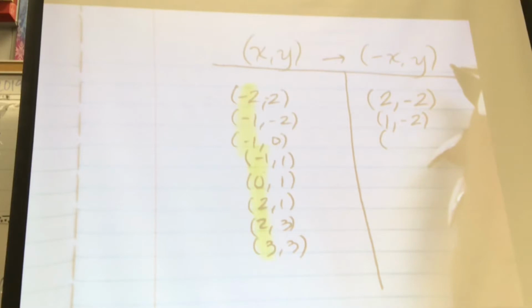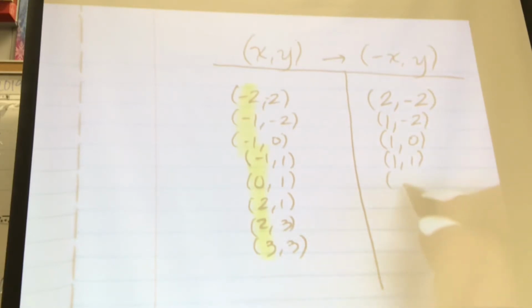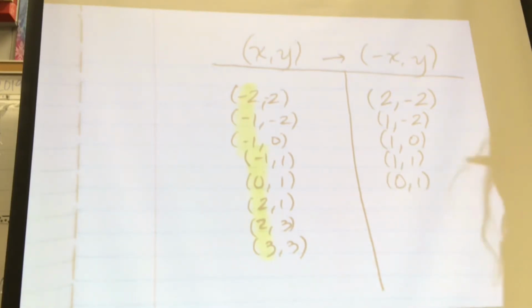Jameson. (1, 0). Very good. Nathan. (1, 1). Nicely done. Isaiah. (0, 1). Very good. Obviously, if you're on the mirror, you stay on the mirror. If you're on the mirror and you reflect, you're still on the mirror.